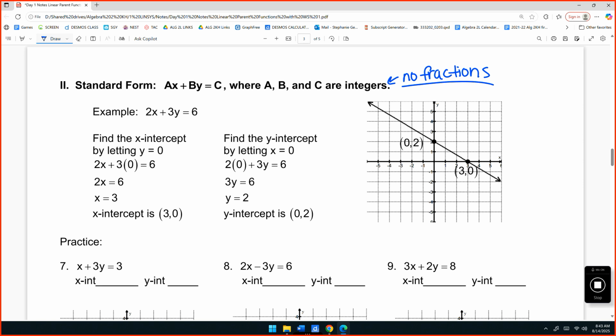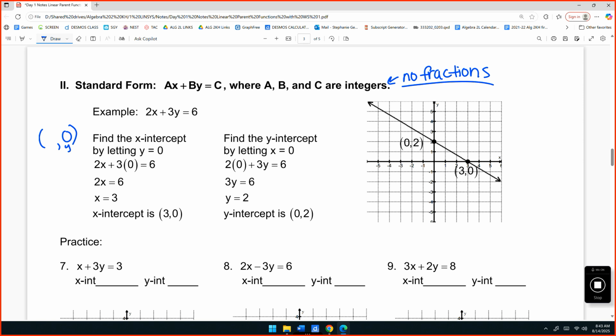So remember, in an intercept, the other coordinate is always 0. So if I want to find the x-intercept, that means the y is 0. So in the x-intercept, I know it's going to look like something, comma, 0, because the y is always 0. And if I know that the y is always 0, a quick way to find it is just to plug in 0 for y.